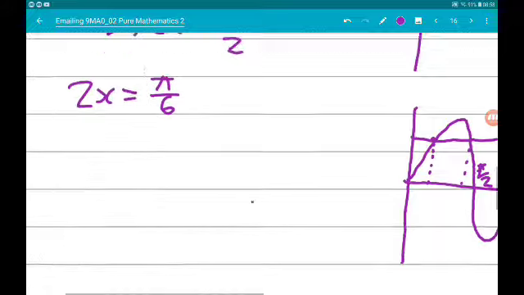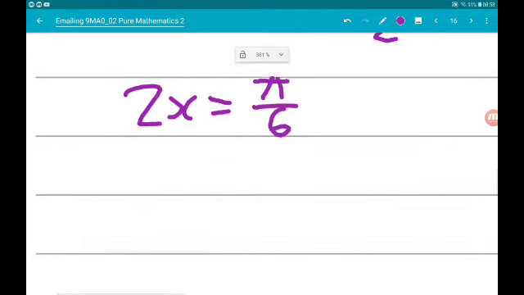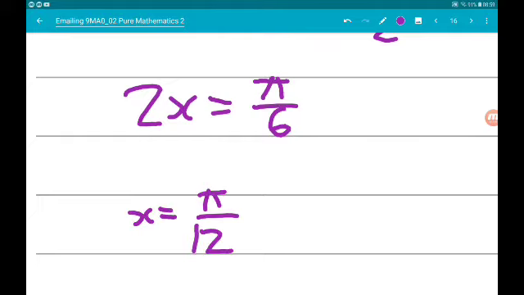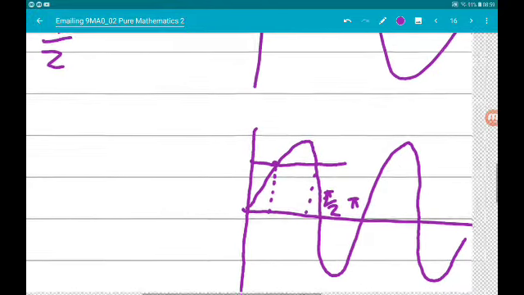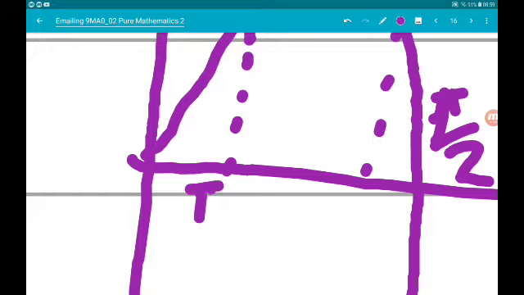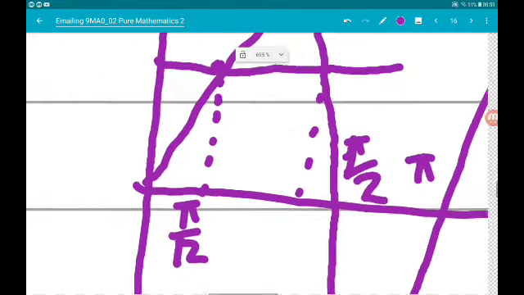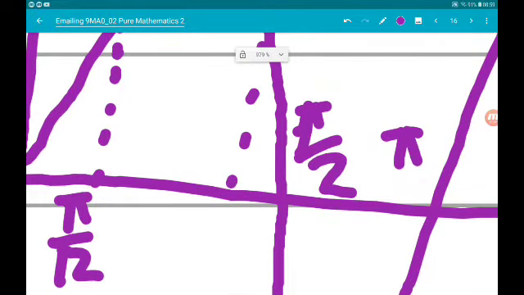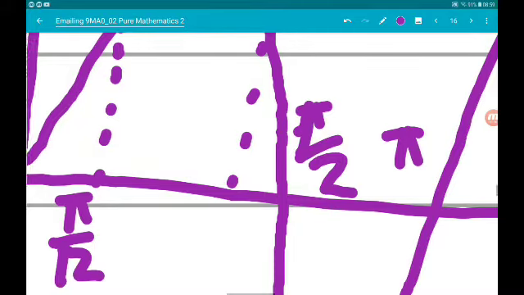So we know that 2x is pi over 6, so x is pi over 12, so that's one of our solutions. So that's this guy here. Now the other one, using the symmetry of the graph, is going to be pi over 2 minus pi over 12.